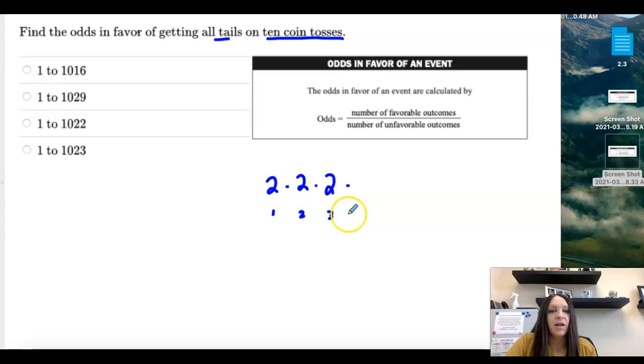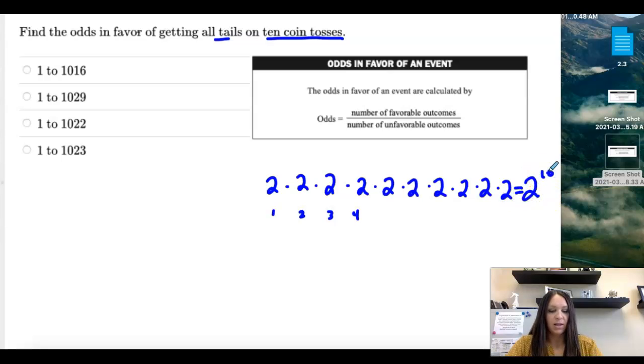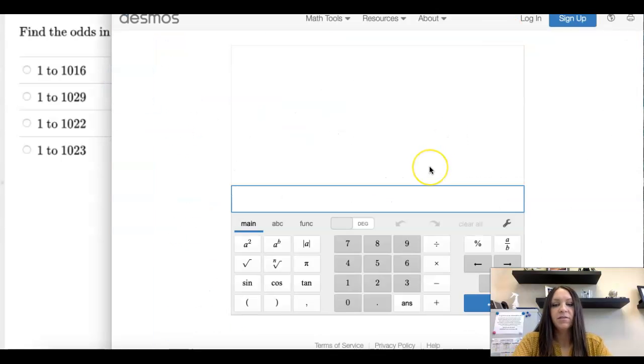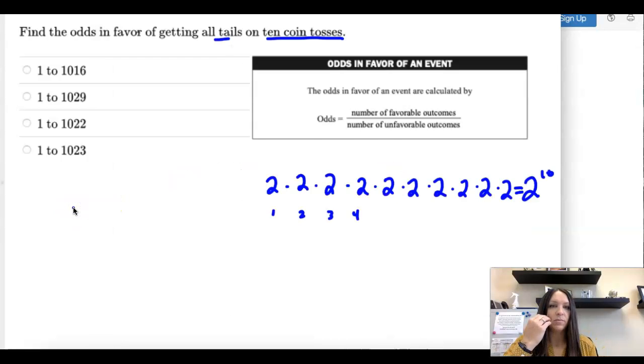All the way, my 4th toss, 2 options. So we're going to do 2 times itself 10 times. In a calculator, I'm going to put 2 to the 10. Those are how many options we have. So 1024 is our number of outcomes.